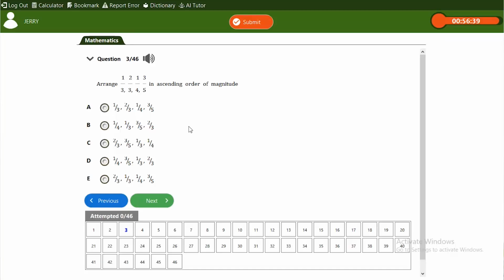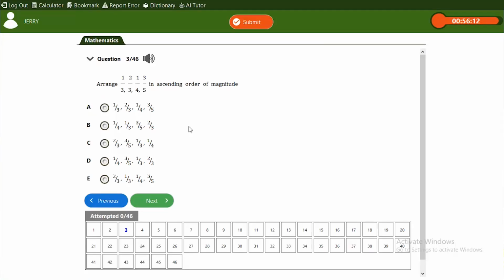Okay, so we are given 1 over 3. So arrange in ascending. 1 over 3. The next one is 2 over 3.